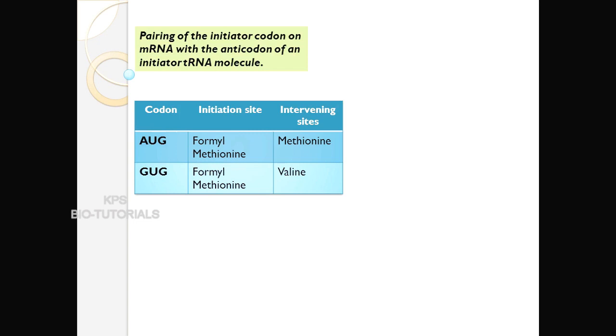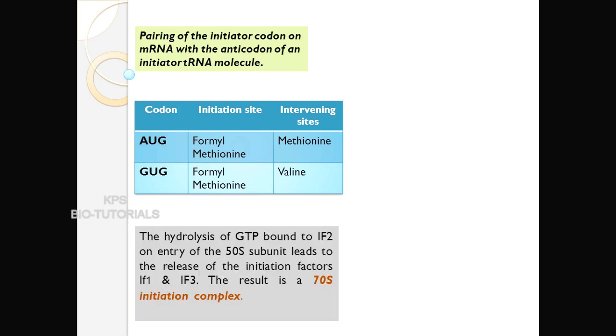then the GTP bound to the IF2 undergoes hydrolysis, and thereby the other initiation factors IF1 and IF3 will be released from the 30S subunit.